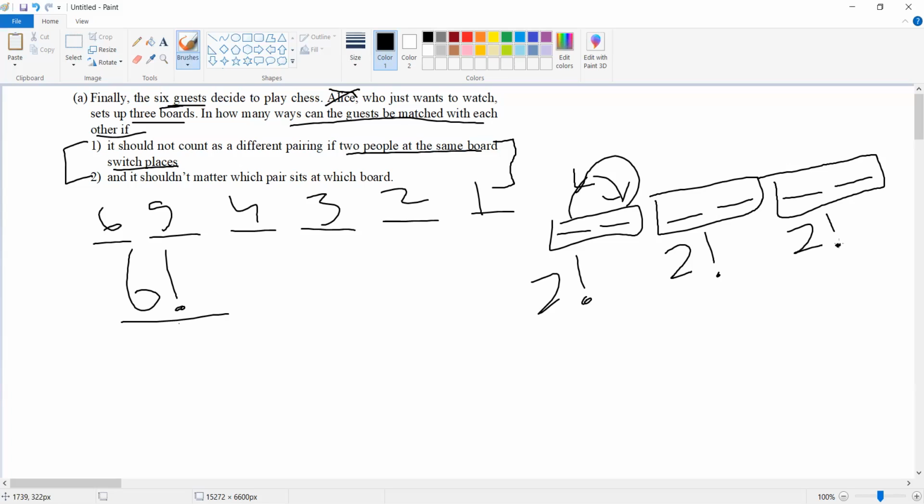And now it's also saying it doesn't matter if there's one board here, one board here, one board here. If this group gets up and they sit here, it doesn't make a difference. And if this group comes and sits here, it doesn't make a difference. What matters is the combination of people that are sitting there. So any guesses how we would incorporate this?